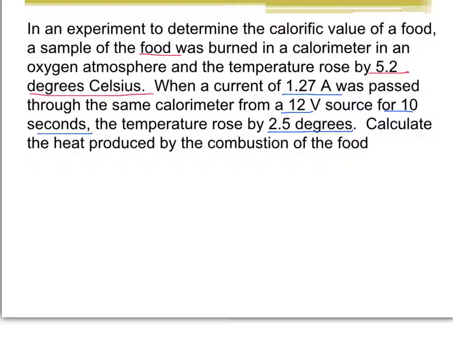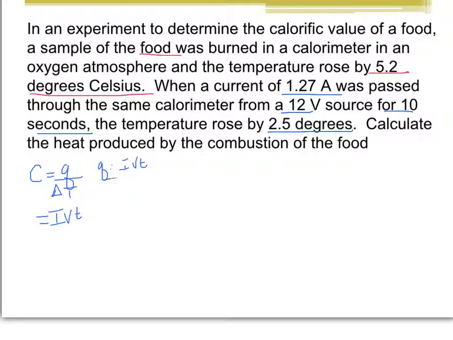Alright, so basically we're trying to determine the calorimeter constant, C, which is the heat capacity of the calorimeter, Q divided by delta T. In this case, we know that Q is equal to the current times the voltage times the time.